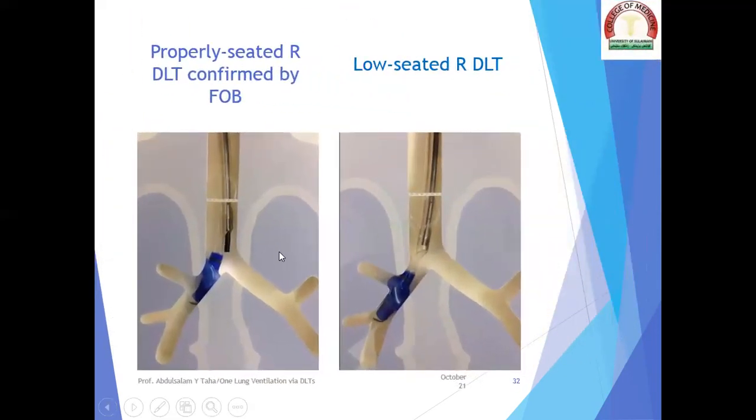Now, in this picture, we can see a properly seated right-sided double lumen tube confirmed by fiber optic bronchoscopy, while here we can see a low-seated right-sided double lumen tube in which the bronchial balloon is actually blocking the orifice of the right upper lobe.